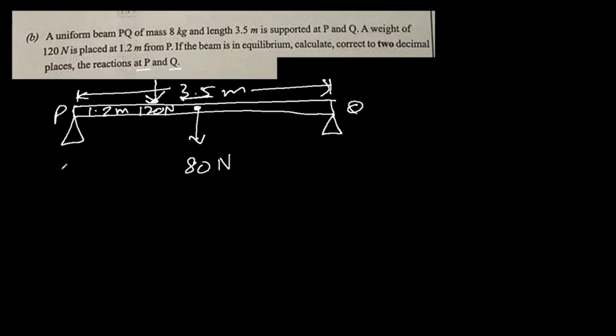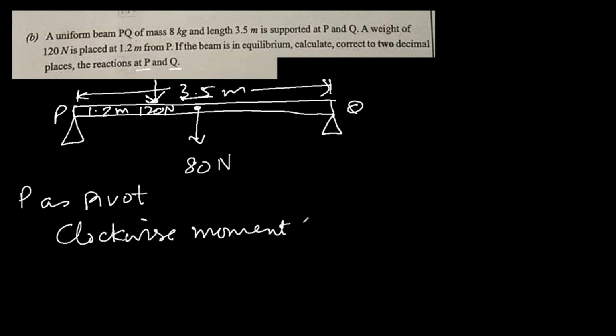Alright. So let's take P as pivot. So what will be the clockwise moment? It will be clockwise, this one 120 newtons and 80 newtons.